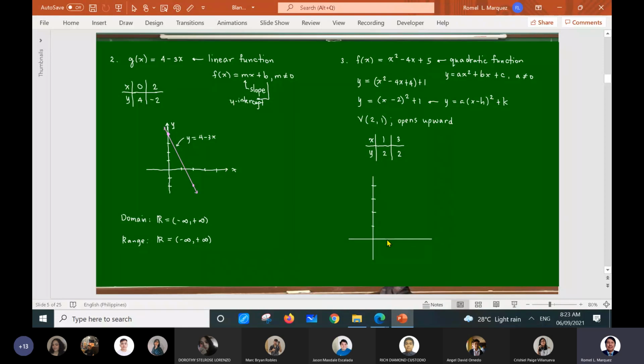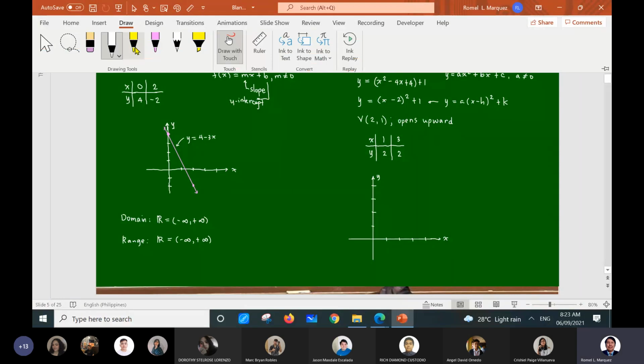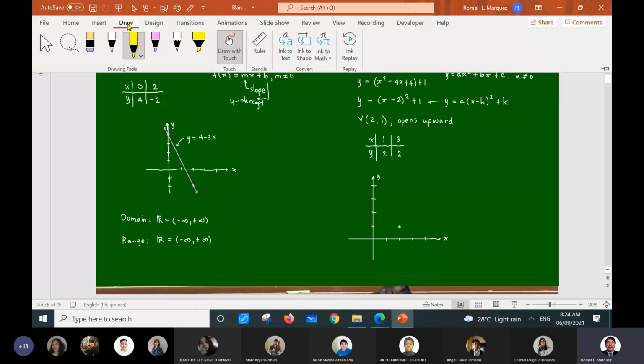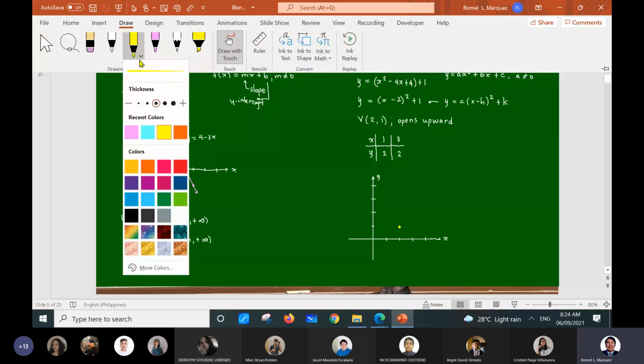And then here 1, 2, 3, 4. Okay, guys? Vertex is where, children? 2, 1. Somewhere here. Am I correct, guys? Yes, sir. Let me make it bigger.